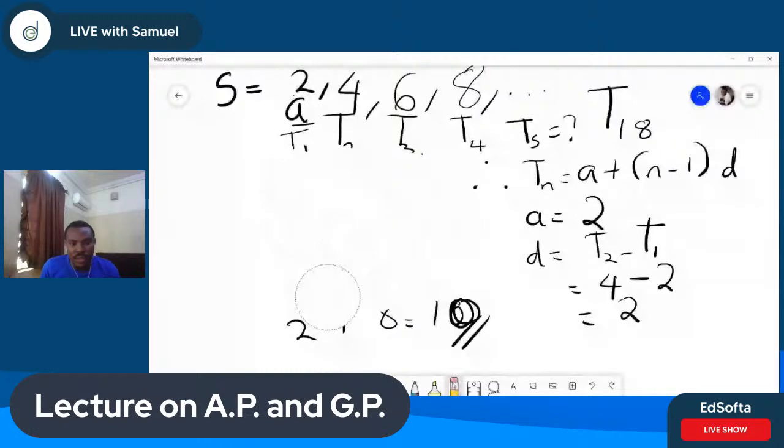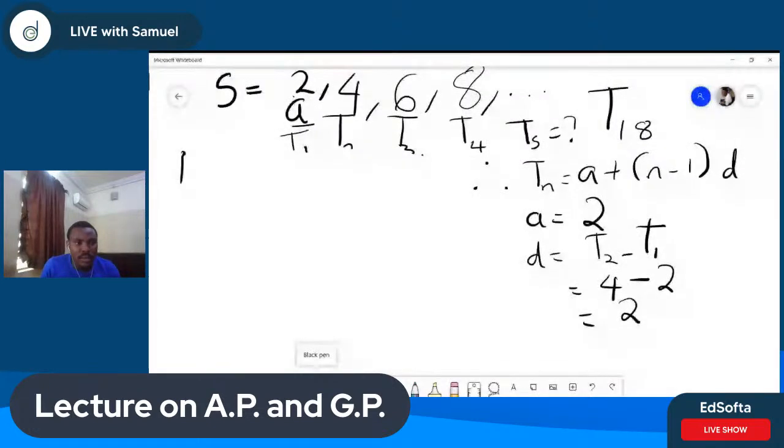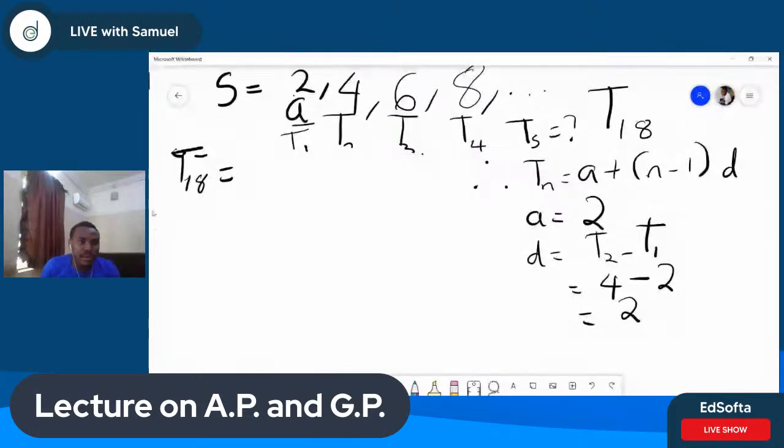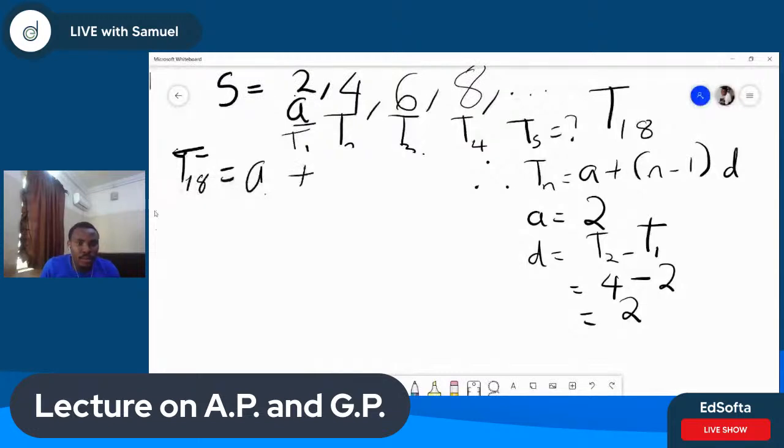We can just write it like this: T18 is equal to A plus 18 minus 1 D. What is our A? 2.